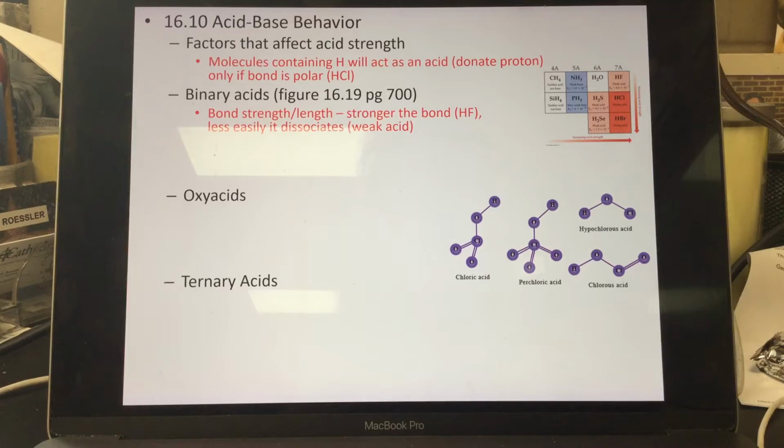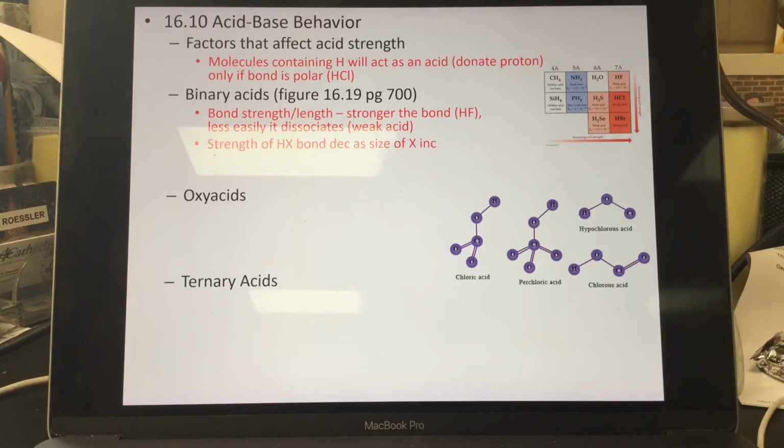And that's also why hydrobromic and hydroiodic are stronger than hydrochloric acid, even though hydrochloric acid is also strong, because their electronegativity is decreasing as we go down the column.